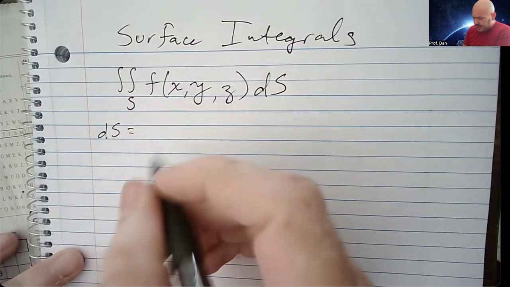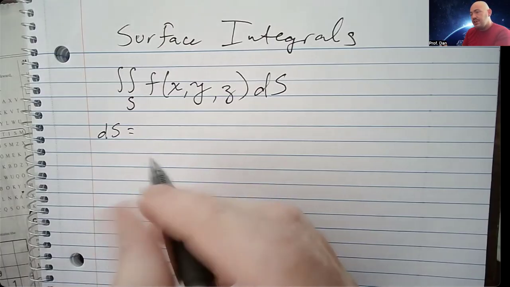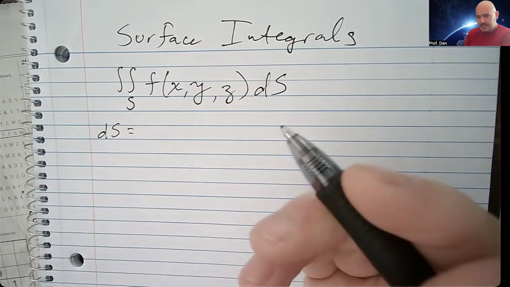So dS, I want us to think of as kind of like a change in arc length times a change in area.